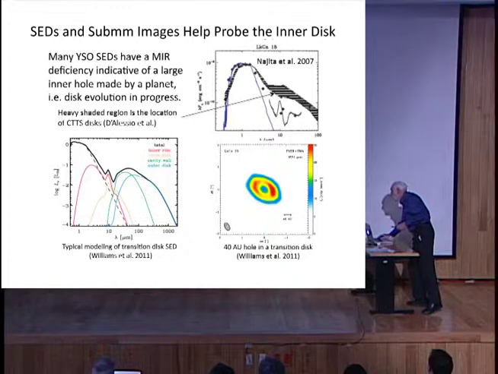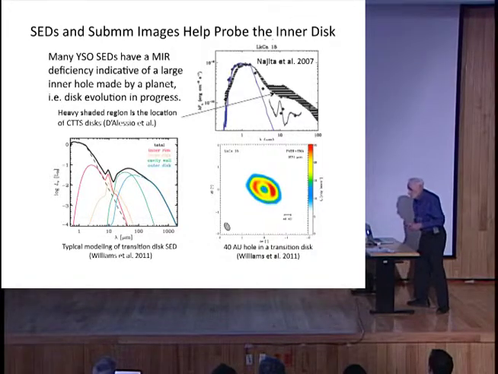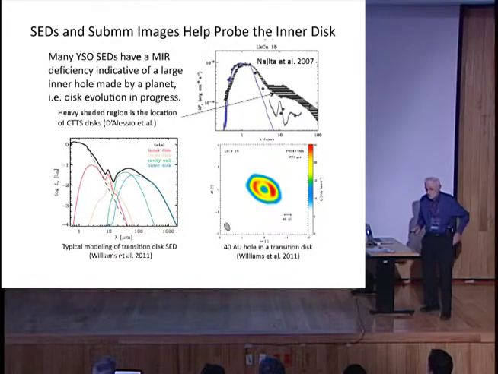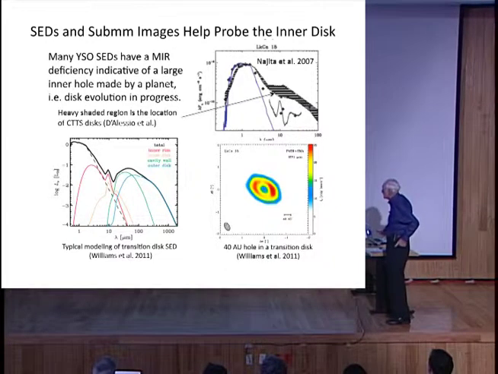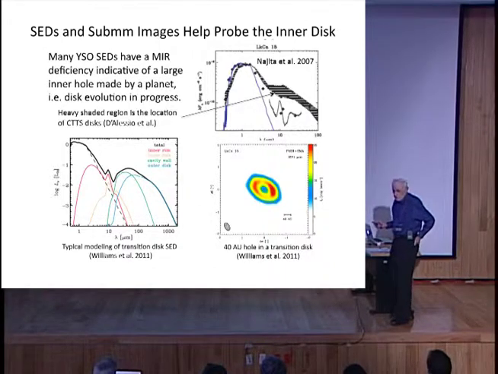Now, we can learn a great deal about these disks by studying the dust in more detail, and in particular, the spectral energy distributions. And here's a very crude one, but it deals with a special kind of disk I wanted to mention, just to emphasize why these disks are so interesting.